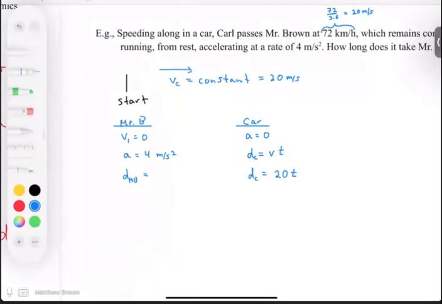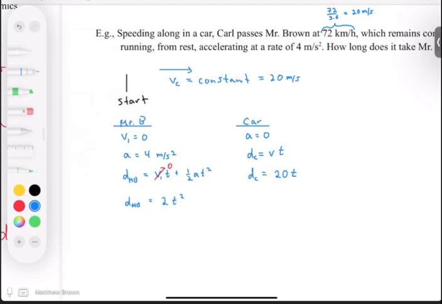So I want the equation that doesn't have that in there, so I can use V1t plus 1 half a t squared. Now note that V1 is 0 to start, so that whole first term just cancels out, and that leaves me with the acceleration is 4, so 1 half of 4 is 2, so that just gives me 2t squared.